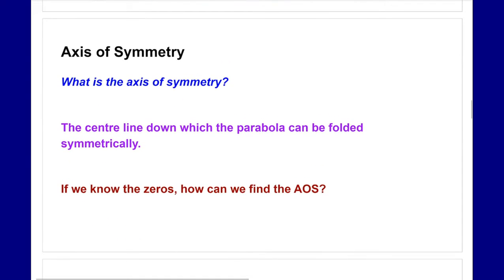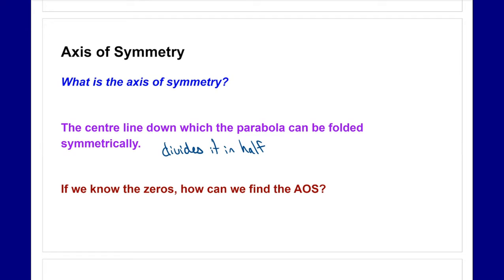Another key feature of quadratics that we looked at in the previous lesson was the axis of symmetry. The axis of symmetry was a center line down which the parabola can be folded symmetrically, or basically it divides our parabola in half. So if we know the zeros, how can we find the axis of symmetry?